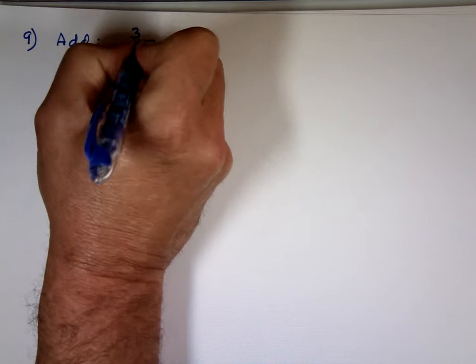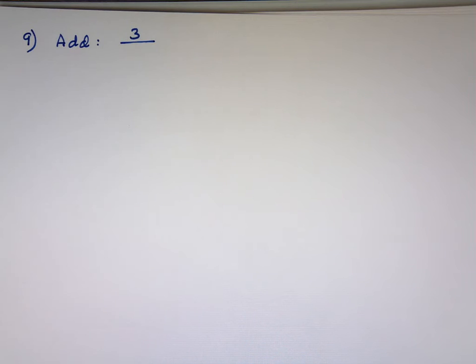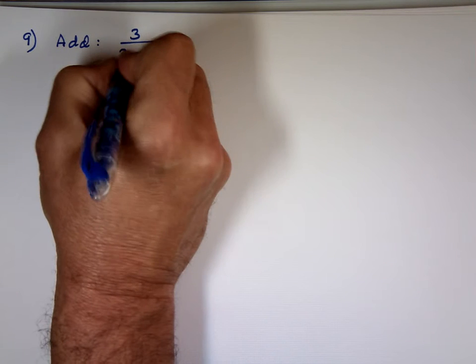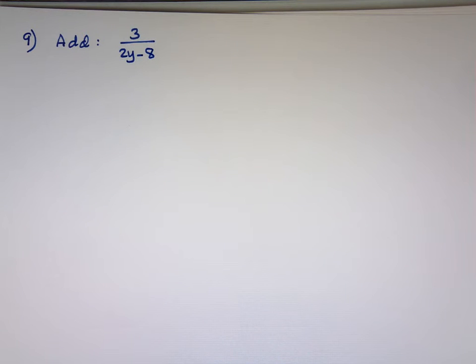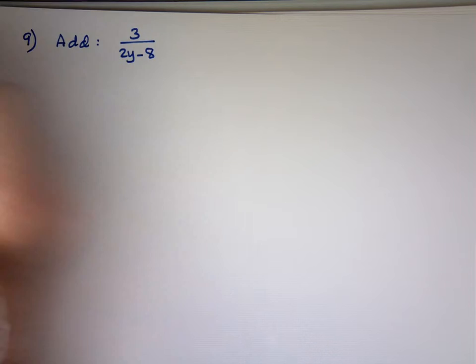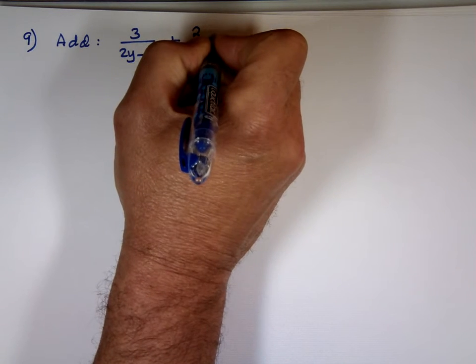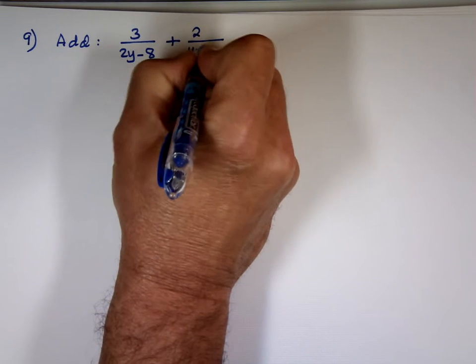Add what? 3 over 2y minus 8 plus 2 over 4y squared minus 16y.